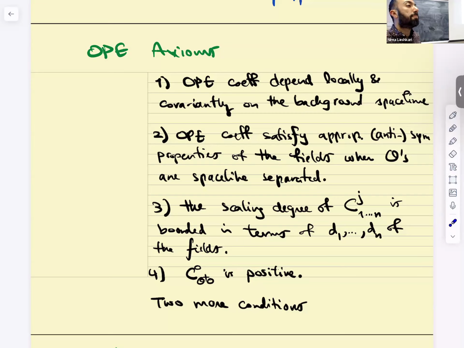Because the O_I come in representations of the Poincaré group, including projective representations. That includes spinors, which means that if they are bosons, the function should be symmetric. If they are fermions, because of the spin-statistics theorem that relates statistics to spin, it will have to be antisymmetric. The half-integer spin representations are antisymmetric, the integer ones are symmetric, when they're space-like separated, of course.